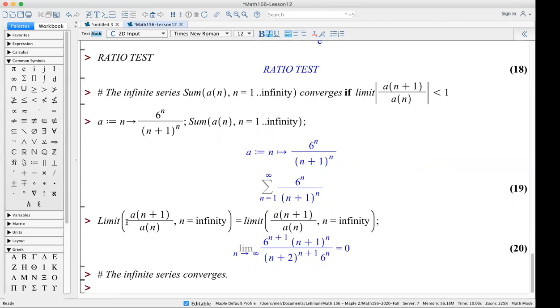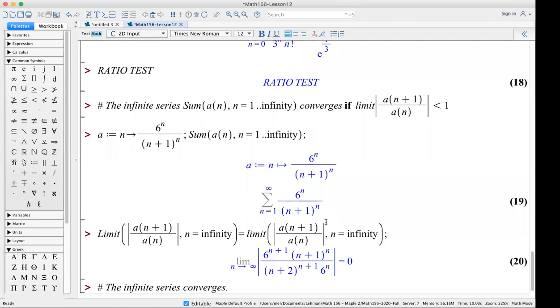Actually, I should have put absolute value signs here. Okay.